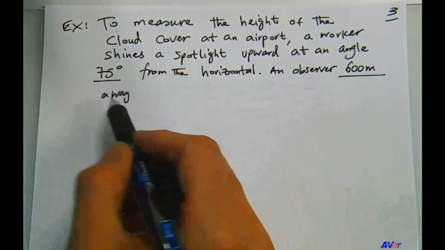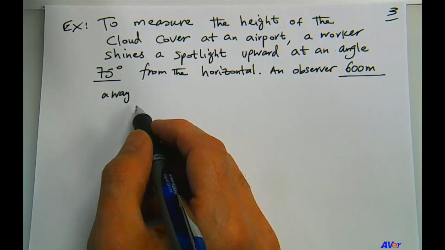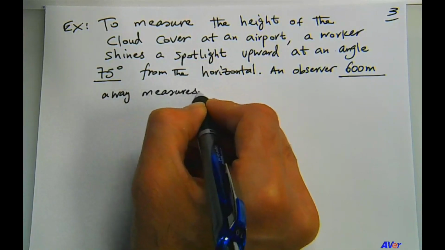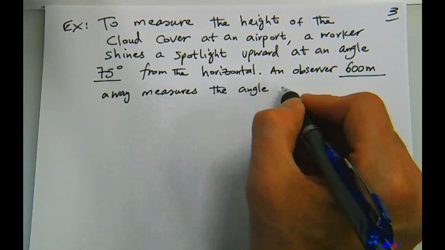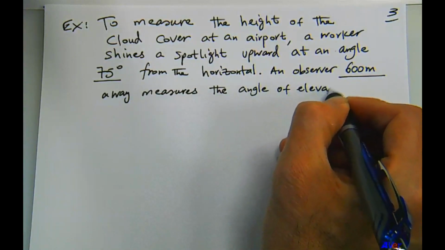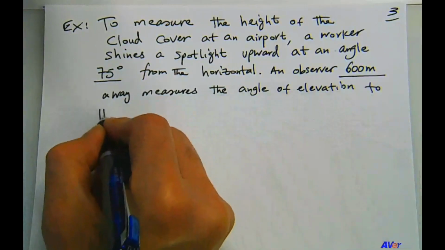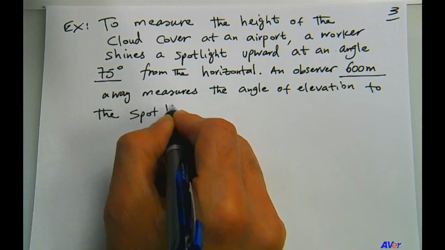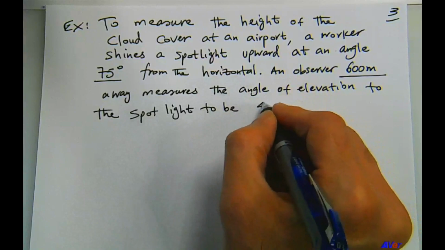An observer 600 meters away measures the angle of elevation to the spotlight to be 45 degrees.